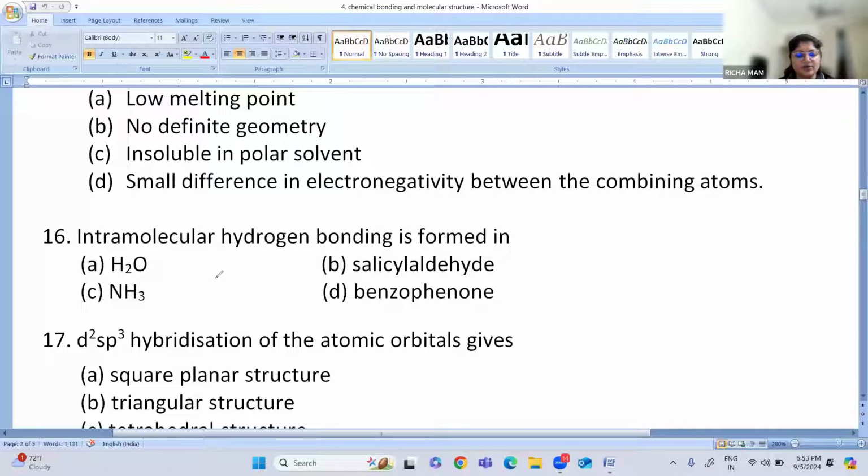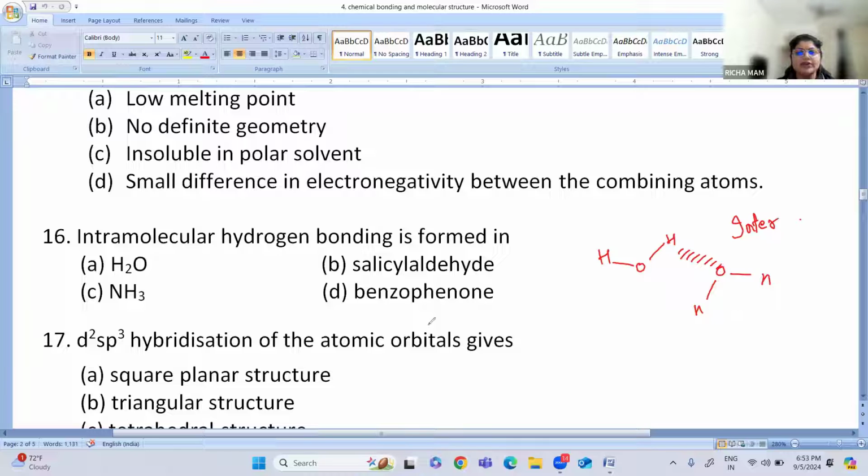Water: when you see water molecule, it is between two different molecules. This is intermolecular hydrogen bonding.